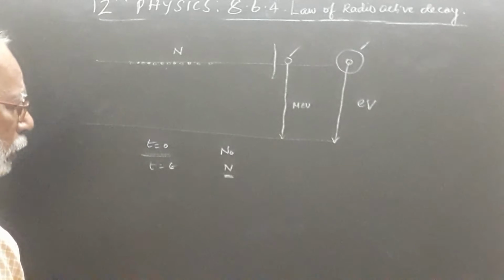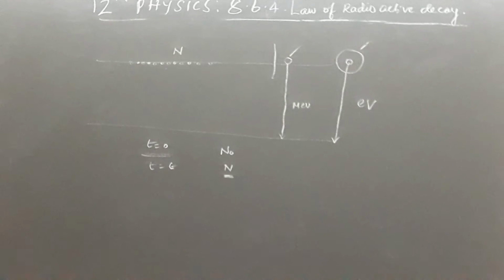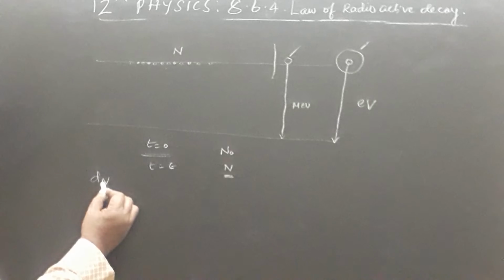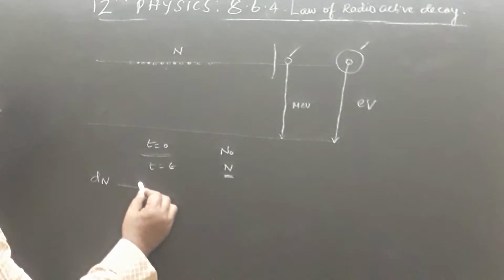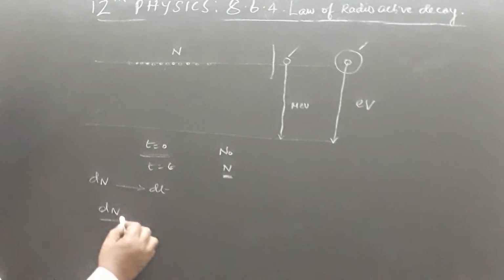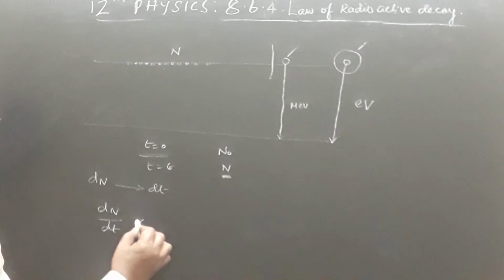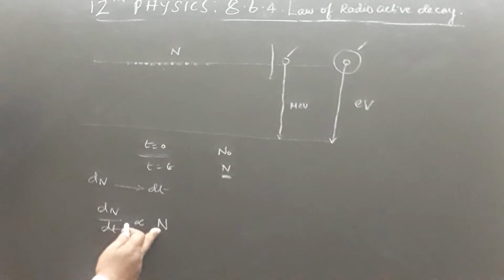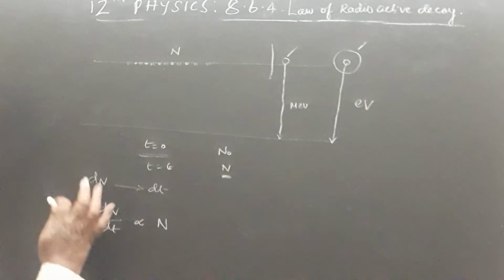Now, if you want to derive an expression for the law of radioactivity, the disintegration dN, that is the number of nuclei decayed in the period dt, or dN by dt, is proportional to the number of nuclei at the moment.